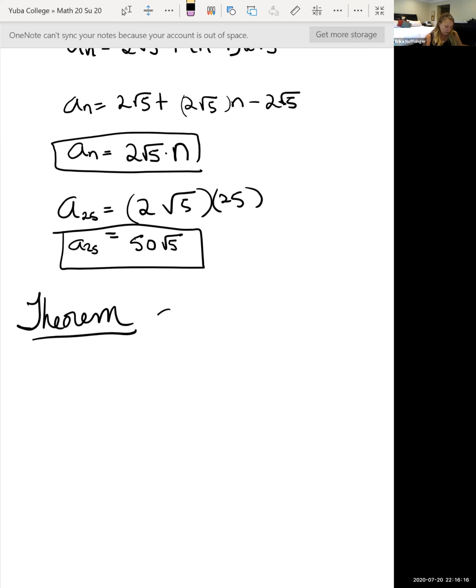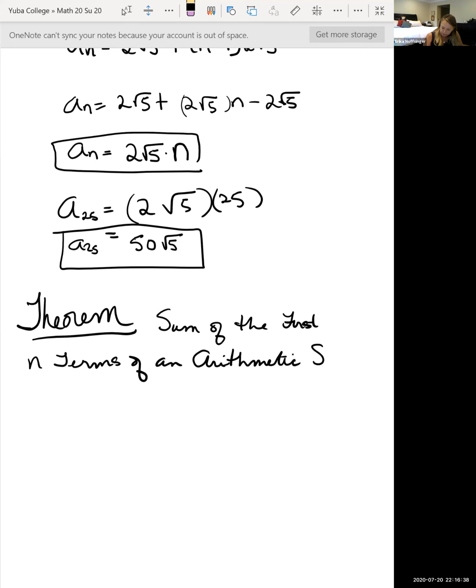So if we're going to sum the first n terms of an arithmetic sequence, we're going to suppose that a sub n is arithmetic, and a sub 1 is the first term, and d is the common difference.